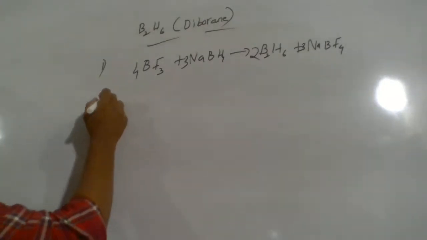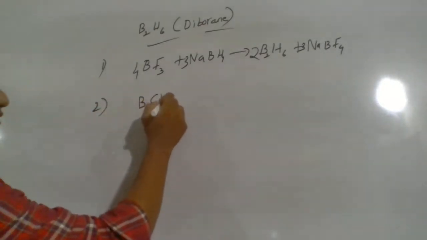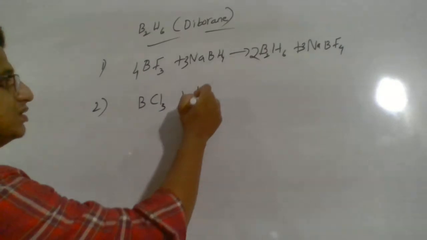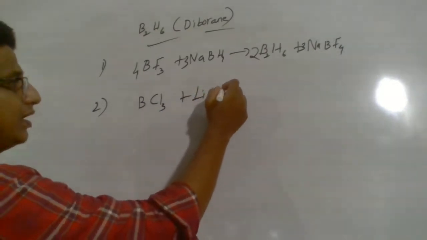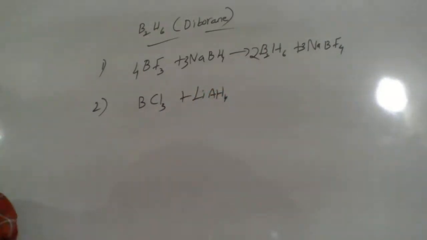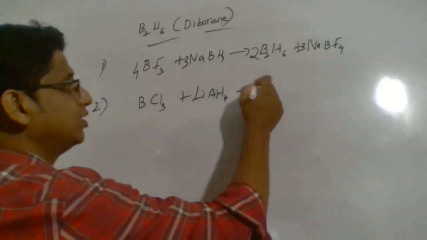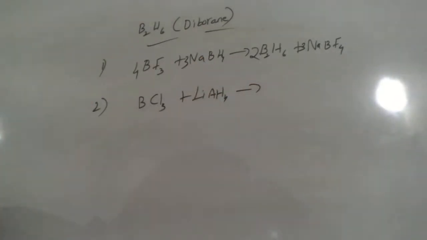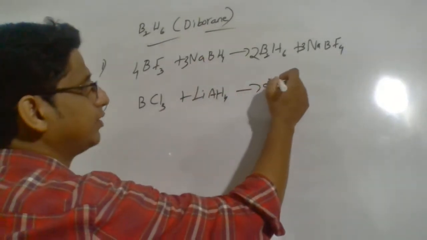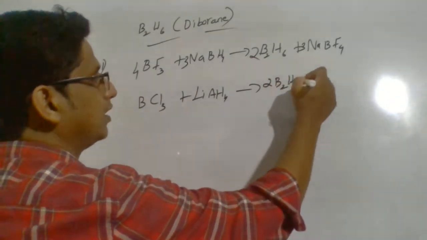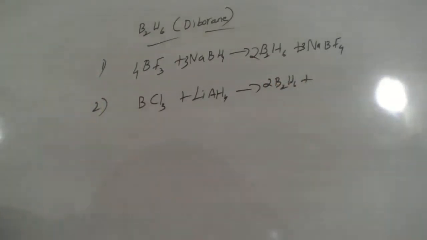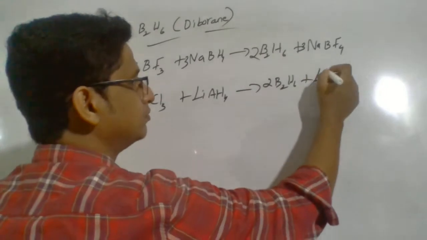Let us talk about the next method, this time from boron trichloride. This time lithium aluminum hydride is another reducing agent that is used, which is more powerful than sodium borohydride. Again you are getting diborane, and the by-product will be lithium aluminum chloride.